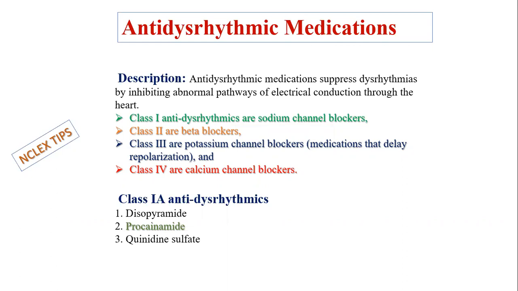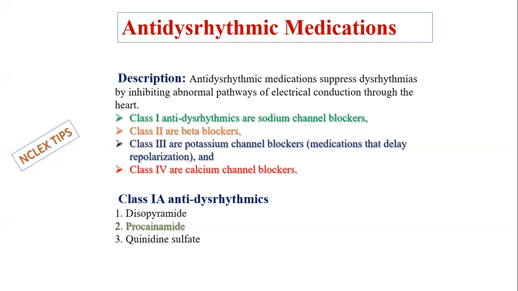These are a group of pharmaceutical agents used to suppress abnormal rhythms of the heart, like atrial fibrillation, atrial flutter, ventricular tachycardia, or ventricular fibrillation. So all are abnormal rhythms.